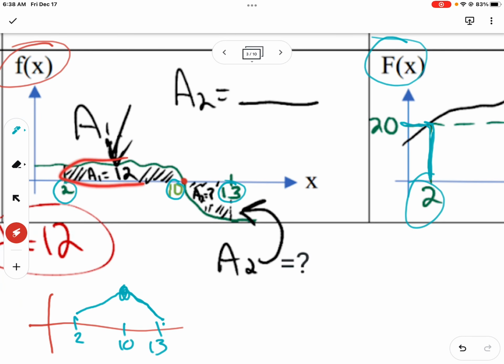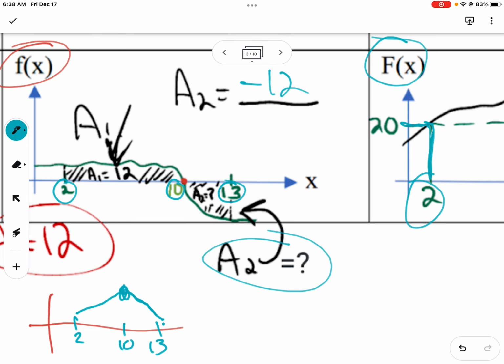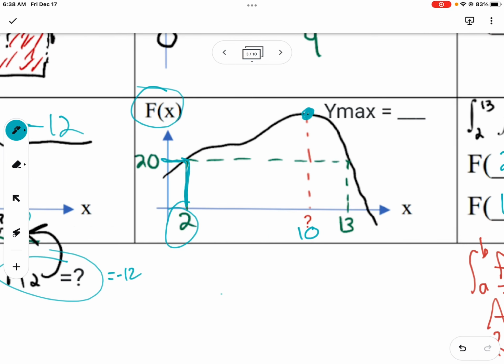So if this area is 12, what has to be this area if the net change is 0? I think it's got to be negative 12. We know that 12 centimeters of snow had to fall on the ground.